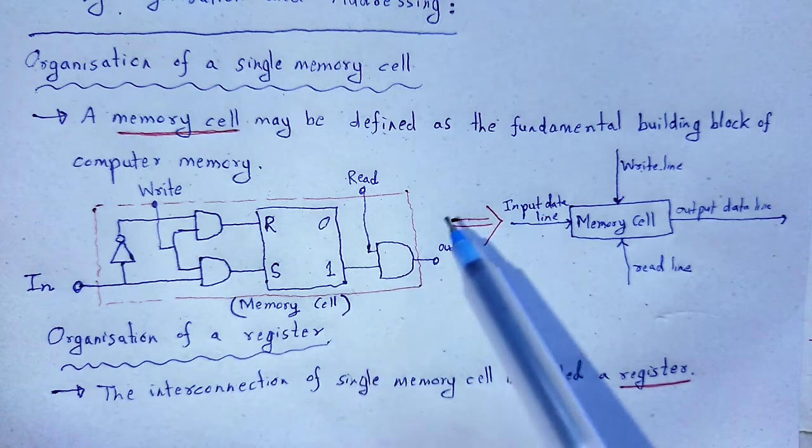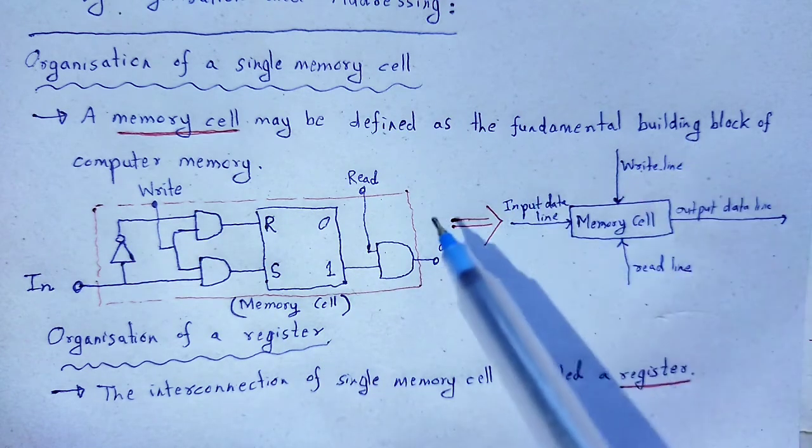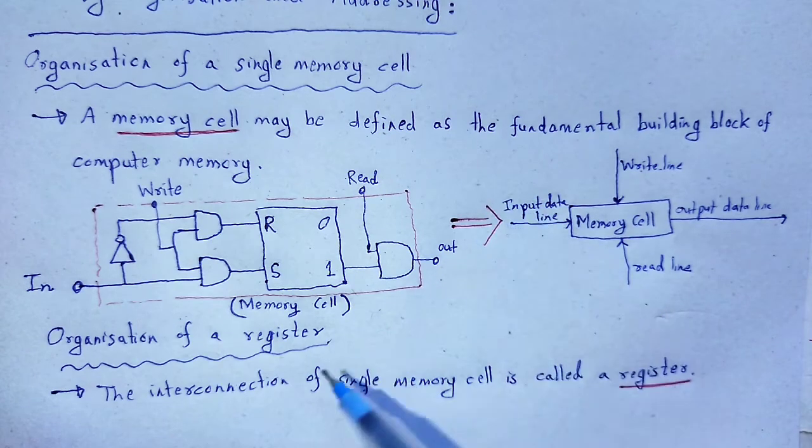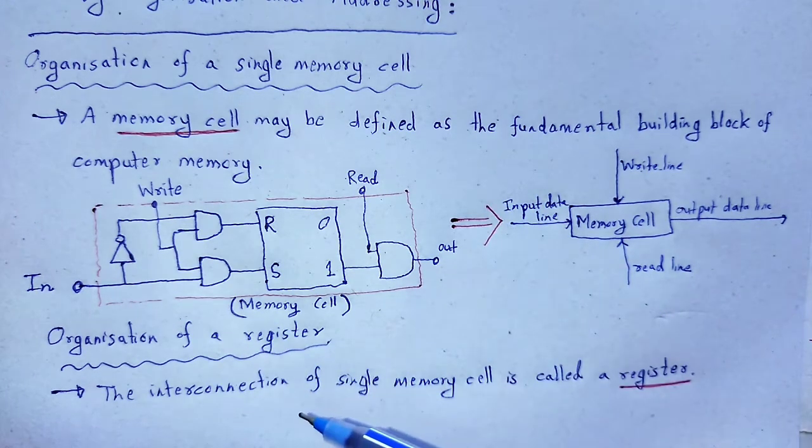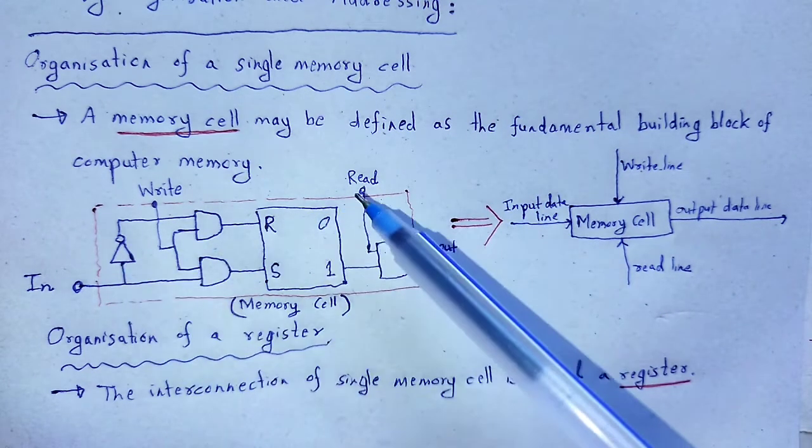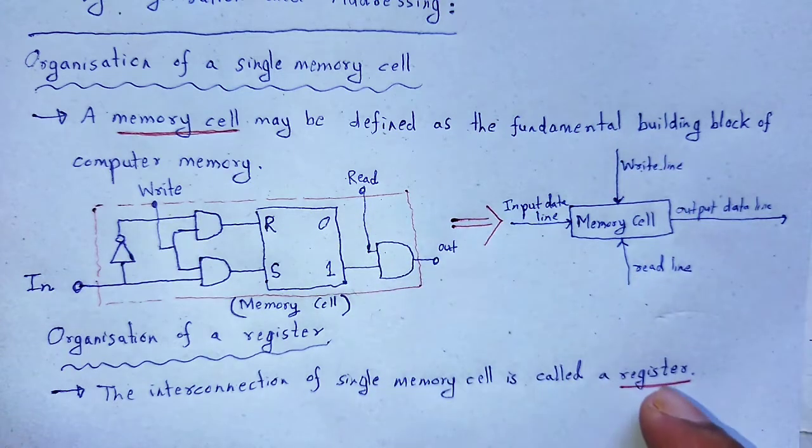Memory cell is the fundamental building block of computer memory. Next, register. The interconnection of single memory cells is called a register.